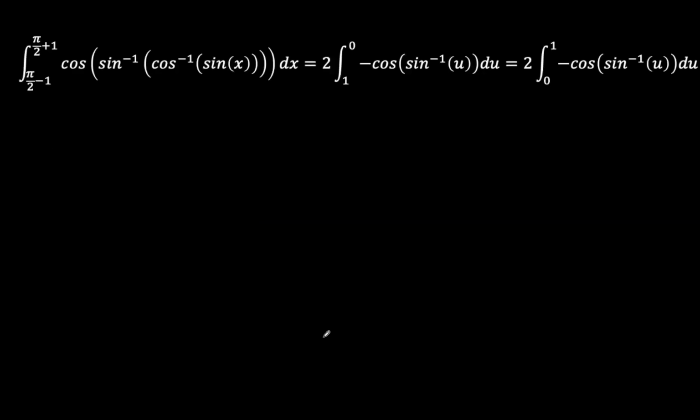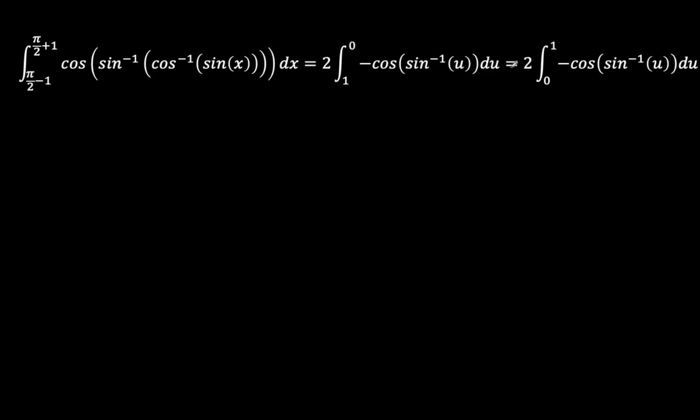So now we're substituting into our equation here. This initial integration is twice the integral, where the lower limit has now been found to be 1, and the upper limit is 0. And then cosine of arc sine u is in place of cosine of arc cosine sine x.